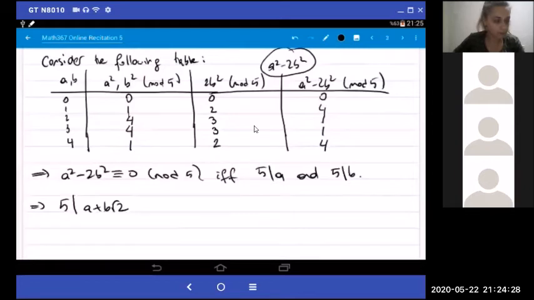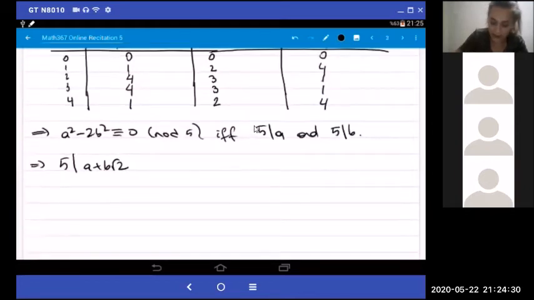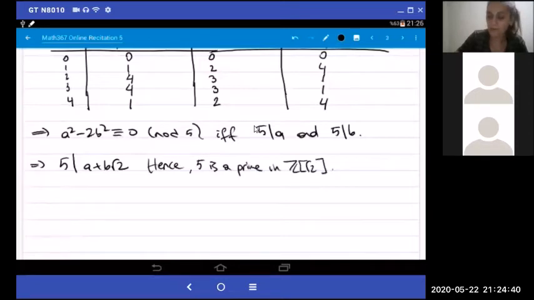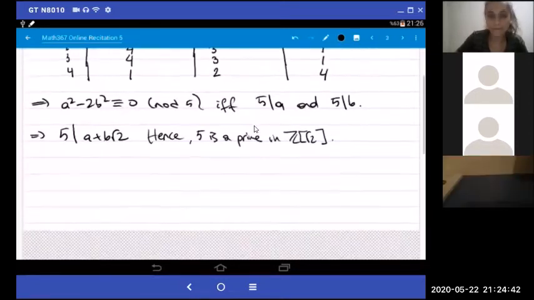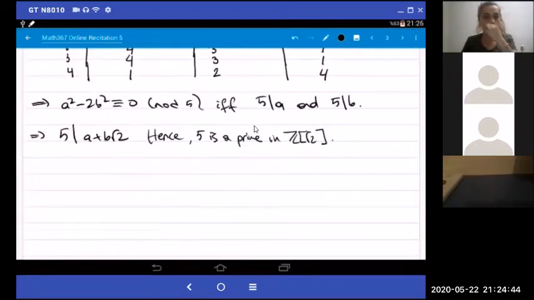Hence, 5 is a prime in Z[√2]. Any question about 5 being a prime in our ring, in our Euclidean domain Z[√2]?